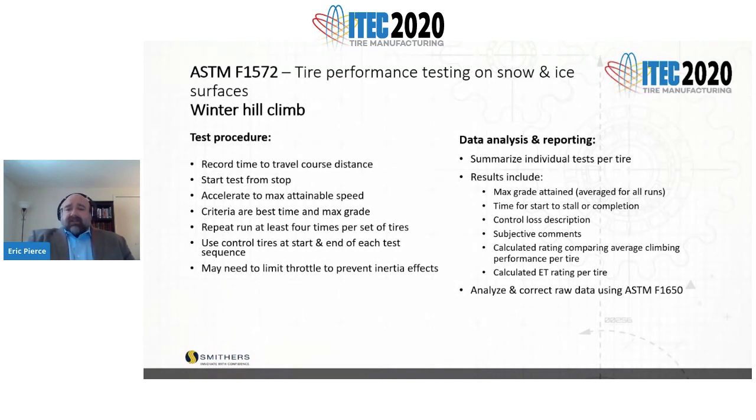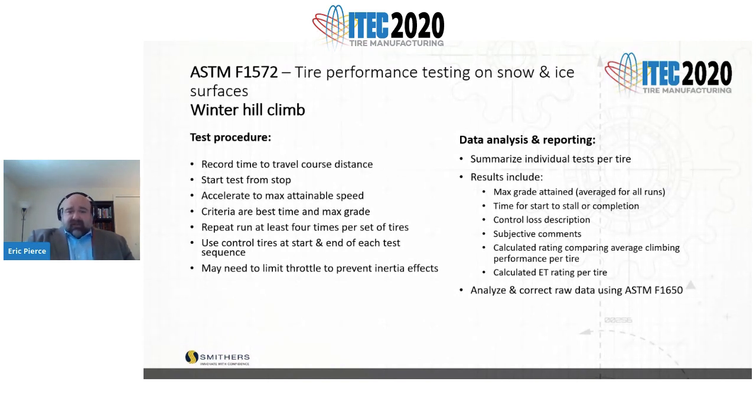As far as data analysis goes, same with the others, you want to have individual results per tire. You want to know what the max grade attained is if the full grade is not able to be accomplished. Time to complete the hill climb or time until stalling. Control loss method, basically how is the tire failing.